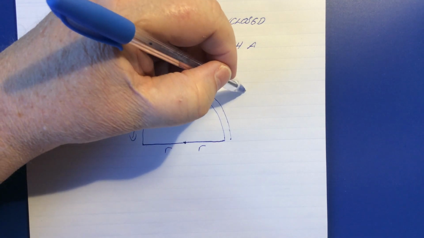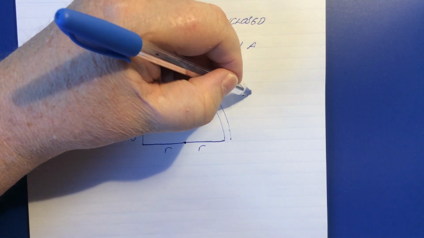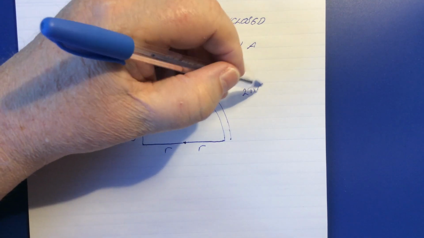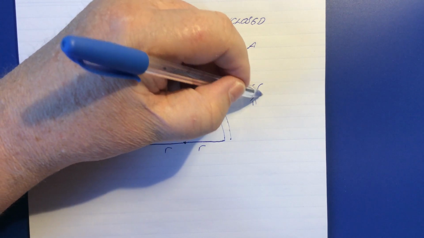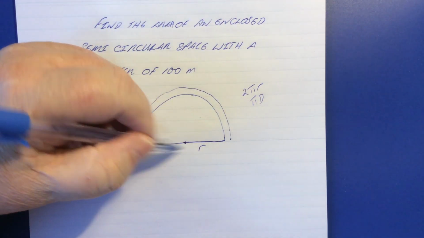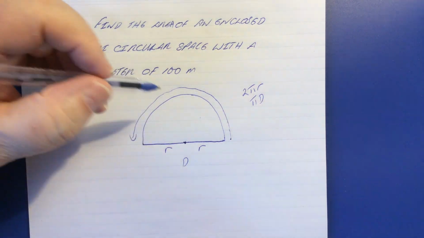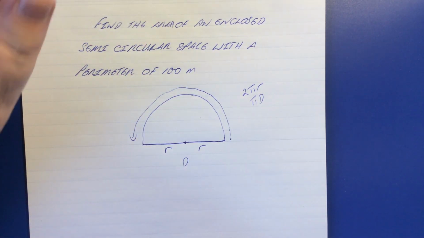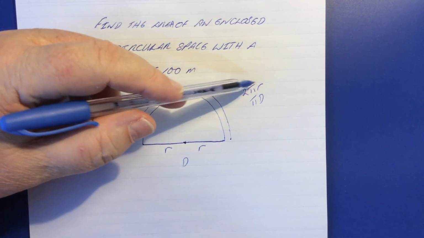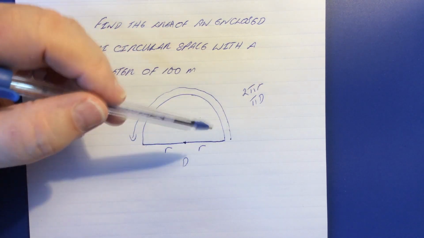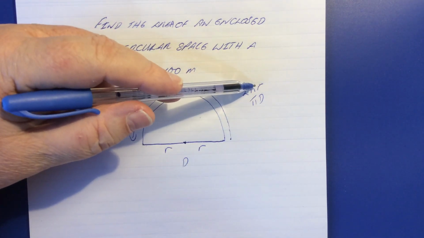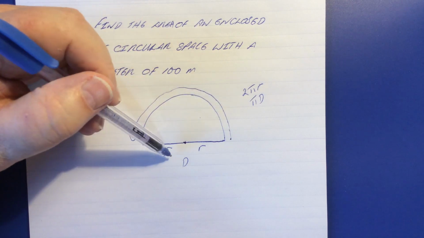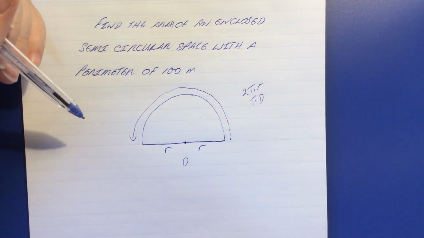Now the circumference of a circle is normally written as 2 pi r, sometimes pi d, and these two radii down here we could write as d, but I'm not going to. I'm going to stick with the more familiar form, 2 pi r, for the circle, and these two radii here.